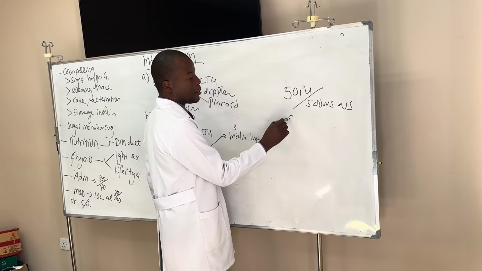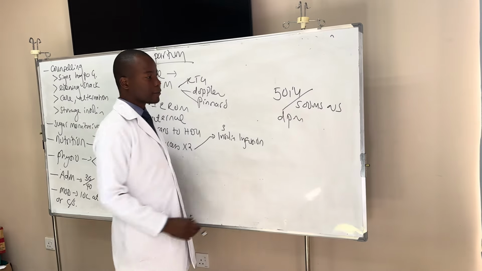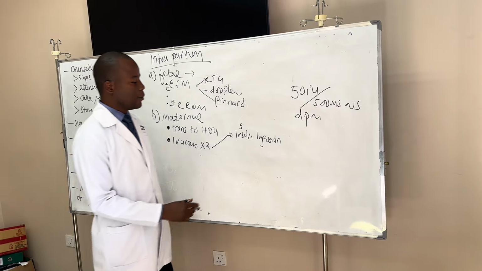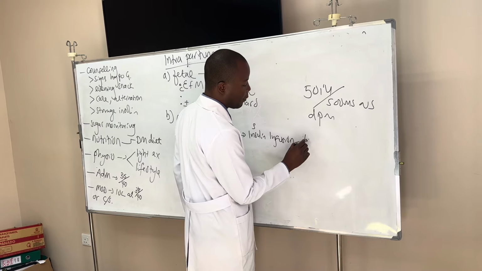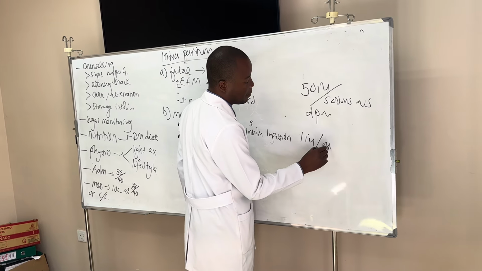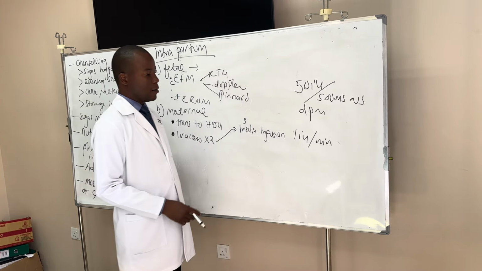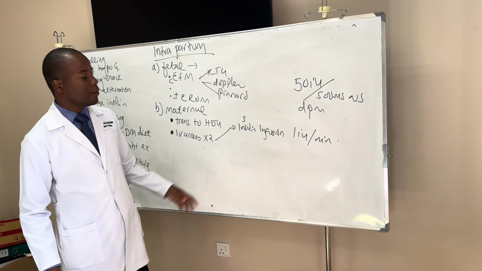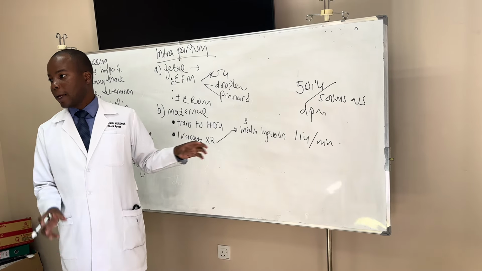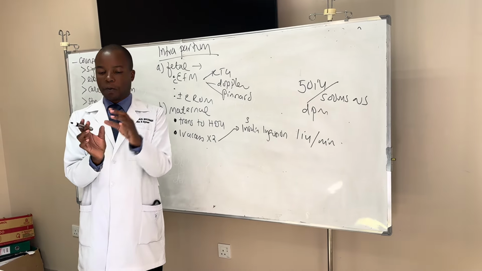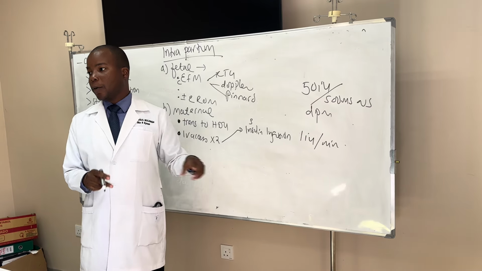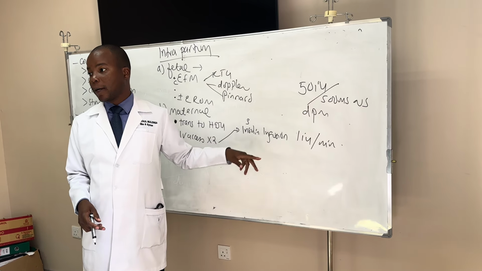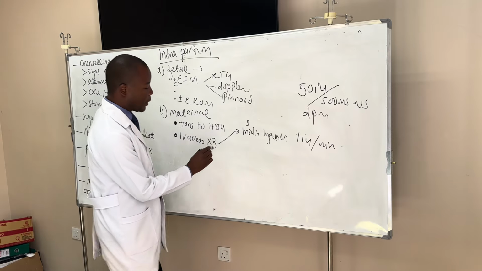Then calculate the drops per minute. But alternatively, you can use an infusion pump and deliver 1 international unit per minute of soluble insulin. Depending on how your infusion pump is designed, you can just make calculations there and it starts running.